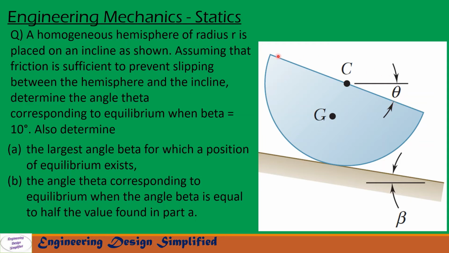The second portion is the largest angle beta for which a position of equilibrium exists, that means we need to find beta max. The third and final portion is, if beta is half the beta max, then what is theta? Let us see in the coming slides how to solve this problem.